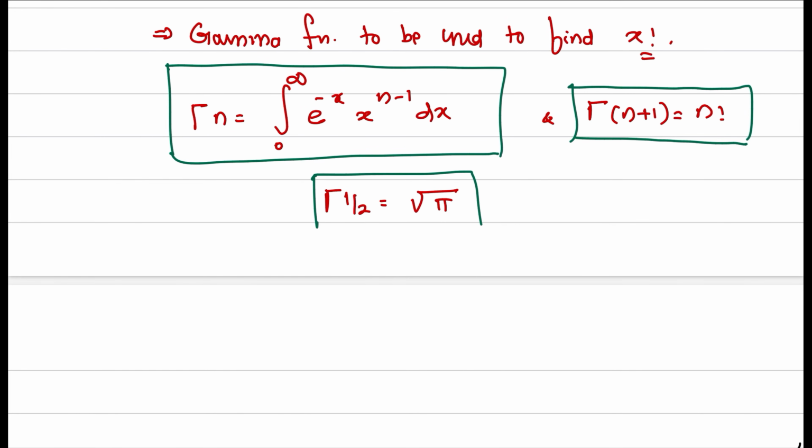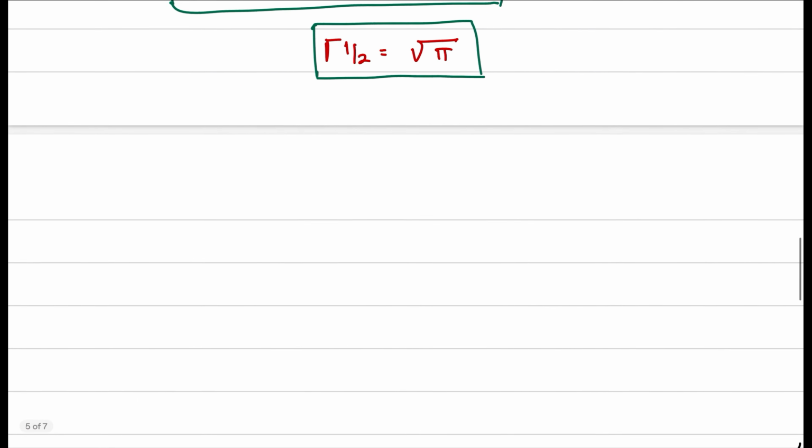These three are the most important formulae which we will be using here now. Now, what is given? We found that x lies between 2 and 3.